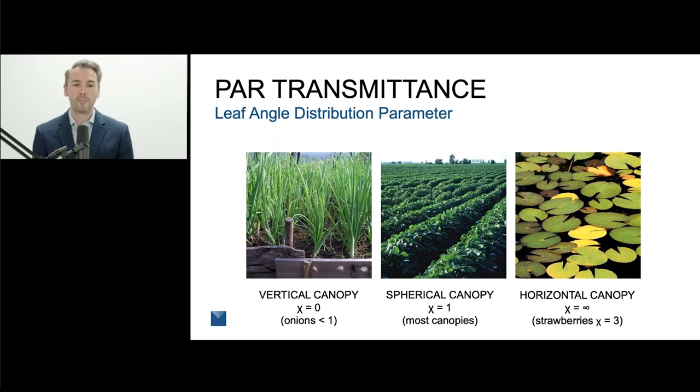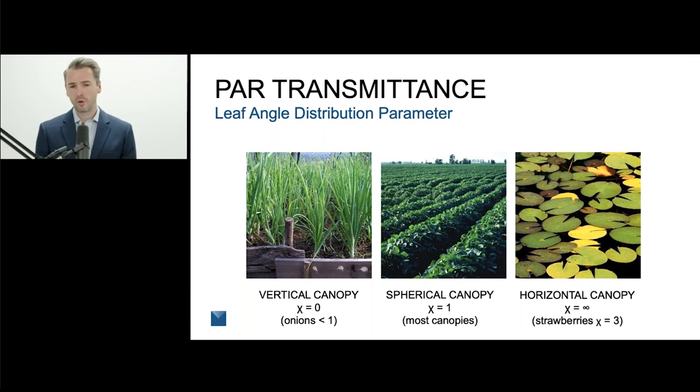So then it makes sense why a perfectly vertical canopy would have a chi value of 0, as you would have 0 horizontal components as the ratio to some non-zero vertical component. Obviously, there's no such thing as a perfectly vertical canopy in nature, and so something like onions have a chi value of less than 1, maybe 0.6 or 0.5.